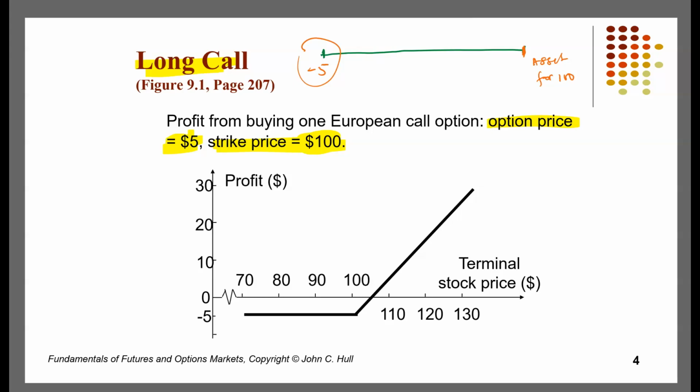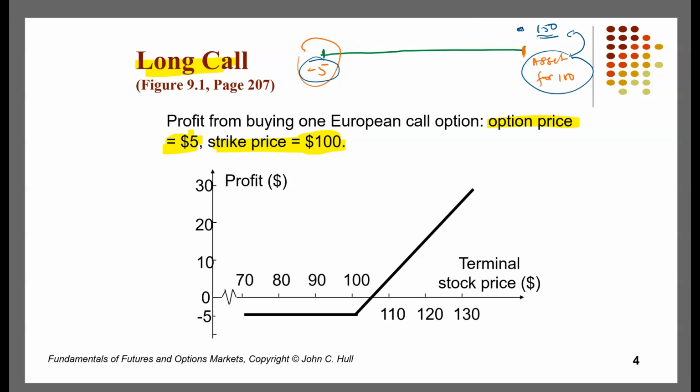So it could be that the market value of the asset turns out to be, let's say, 150. If the market value of the asset turns out to be 150, we could buy at 100, turn around and sell it at 150 and make a profit of $50. Now, that $50 would not have accounted for our cost, which is the $5. So once we subtract the cost from it, we actually have a true profit of $45, not $50.